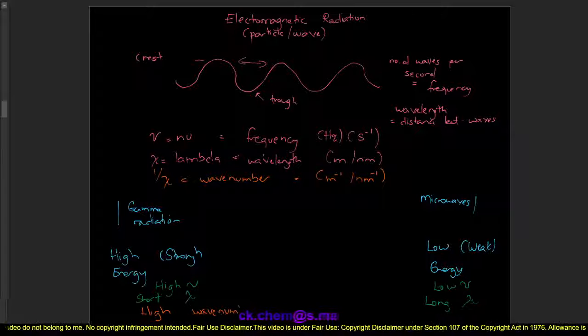Now, I always tend to remember it because if frequency is high, we're going to have plenty waves, right? If frequency is low, we're going to have a low number of waves. Right? So this is our electromagnetic spectrum explained in terms of high or low frequency, wavelength, wave number.